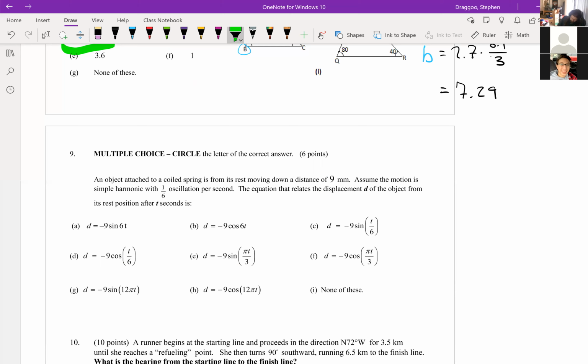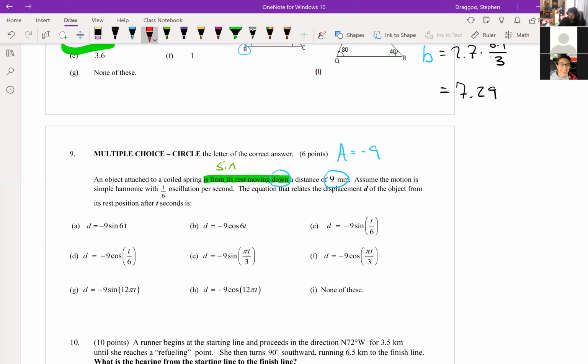So first thing we're going to look at is from its rest moving down. This means we're looking at a sine graph. Because it's moving down a distance of 9 millimeters, A is going to have to be -9.